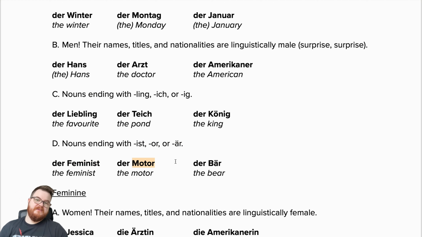Der Motor ends with -or, masculine word. Der Bär ends with an umlaut -r. It's masculine. Okay, so those are our rules that help us with working out some male nouns. Of course, there are many, many other male nouns that don't quite fit into these categories, but these ones will help you at least with certain nouns.